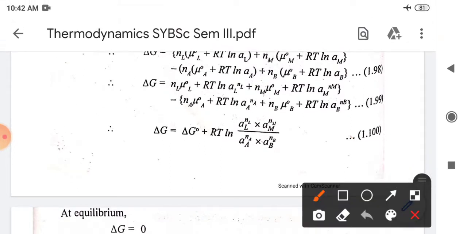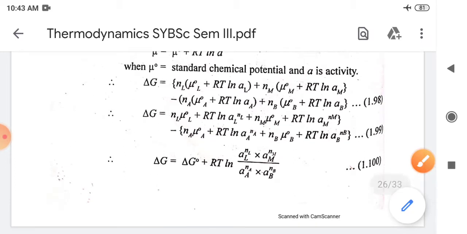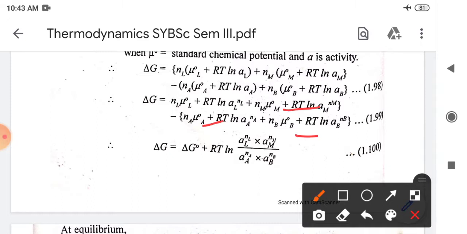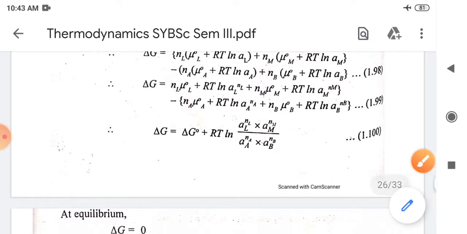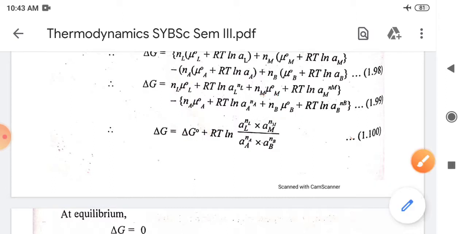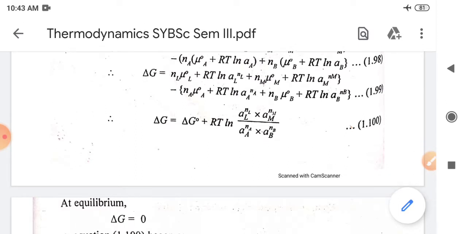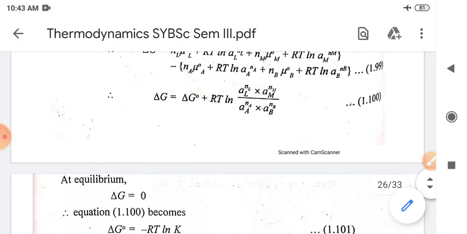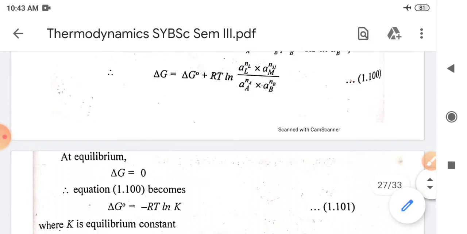Now just rearrange the equation: NL mu naught of L plus RT ln of AL raised to NL, because here we get the multiplication, so we can make that a power, likewise for M, A and B. If you rearrange that again, NL mu naught of L plus NM mu naught of M plus NA mu naught of A and NB mu naught of B can all be comprised into this delta G naught value, that is the standard state, plus RT ln of activity of L raised to number of moles of L, activity of M raised to number of moles of M, activity of A raised to number of moles of A, and activity of B raised to number of moles of B.